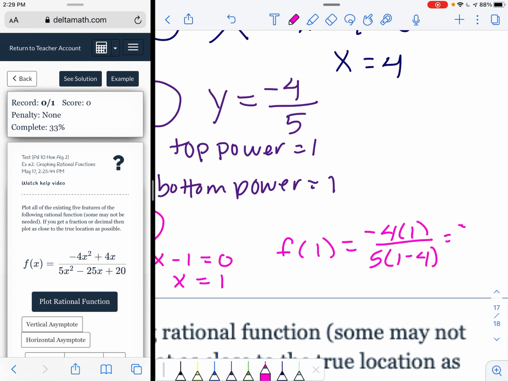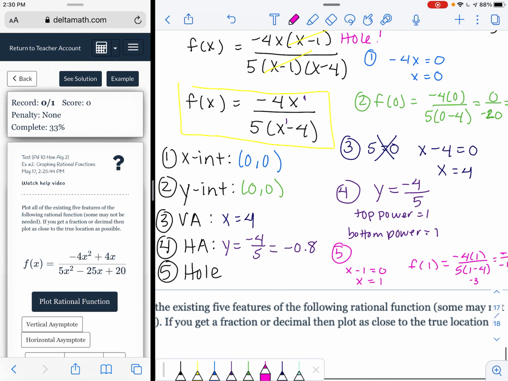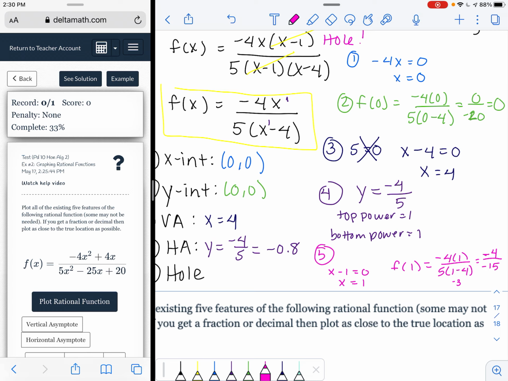If we zoom in real close here so I can have some more room, we got negative 4 in the top, and then 1 minus 4 is negative 3. 5 times negative 3 is negative 15. So negative 4 over negative 15 is going to be positive 4 over 15. So my hole is going to be at x coordinate of 1, y coordinate of 4/15.